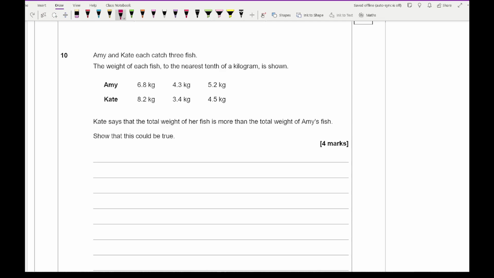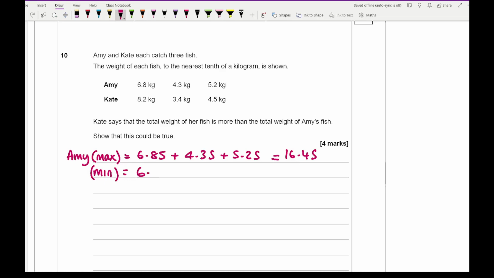So for Amy, in terms of her maximum weight, that's going to be 6.85 plus 4.35 plus 5.25, and that comes up to a total of 16.45. Then if we work out her minimum weight, well, that's going to be 6.75 plus 4.25 plus 5.15, and that comes up to 16.15.